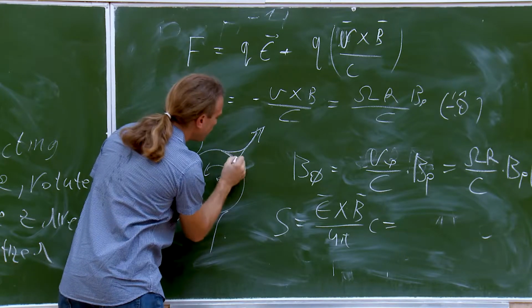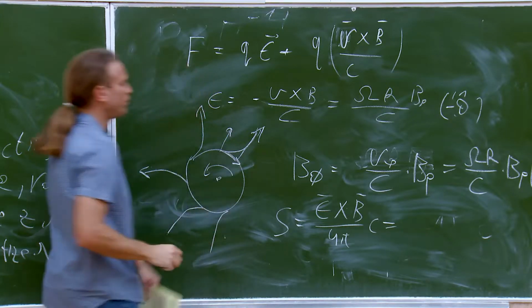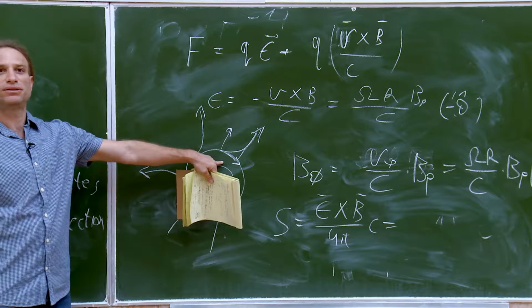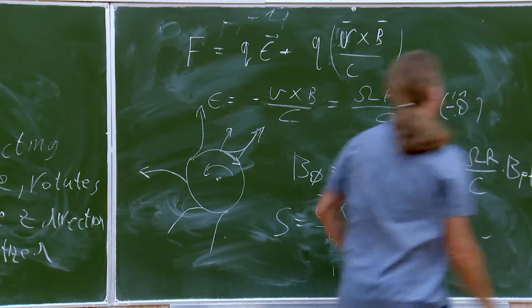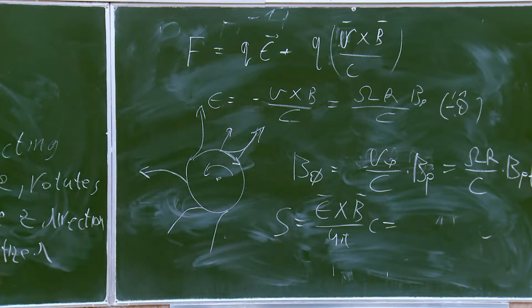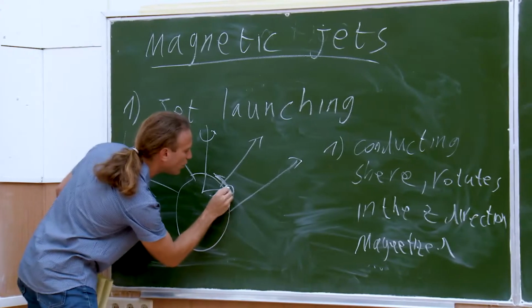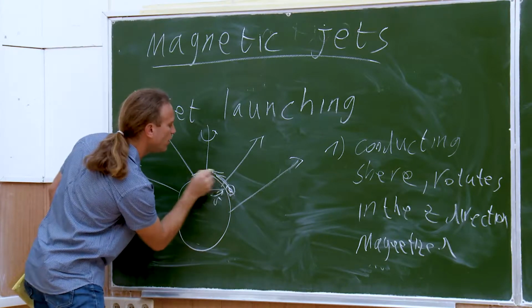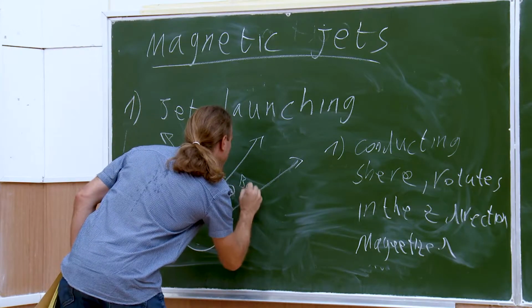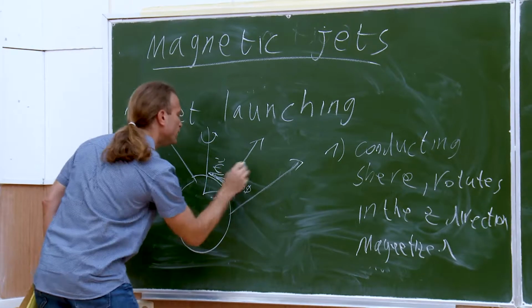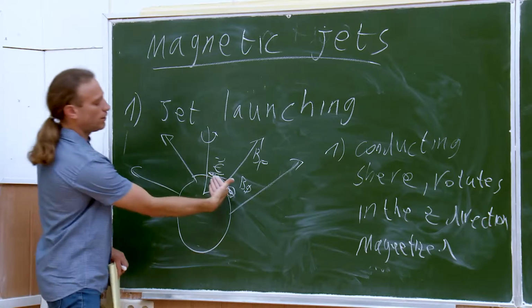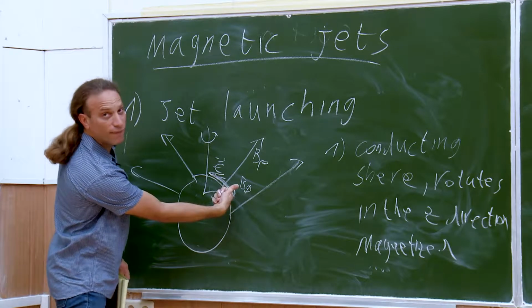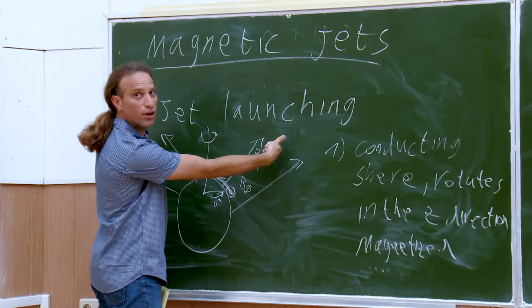B phi is directed here, and B P is directed here. So this is actually in the minus phi direction as well. So I have here B phi going out, and I have E going this way. So this is B phi, this is E, and this is BP. So E cross B phi, where does it go?